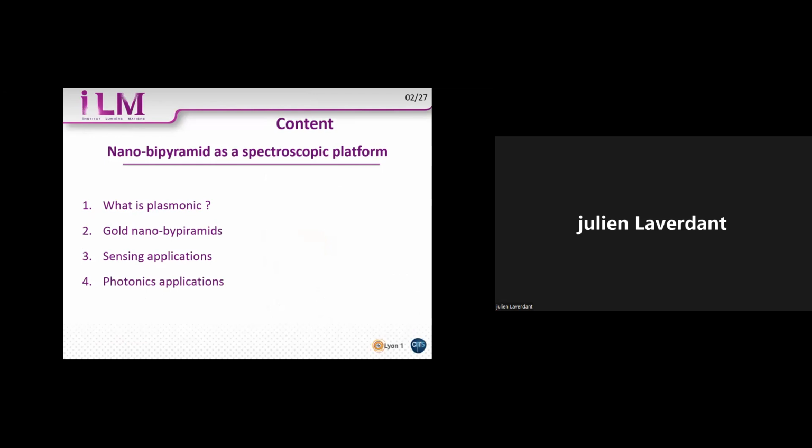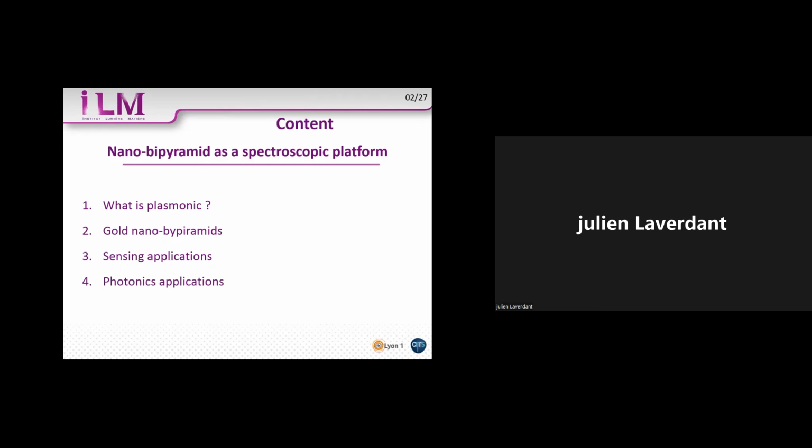After that, I will introduce our objects, gold nano-bipyramids, their specific properties and why they are very interesting. The last two parts will be about applications, mostly sensing, but briefly also photonics.